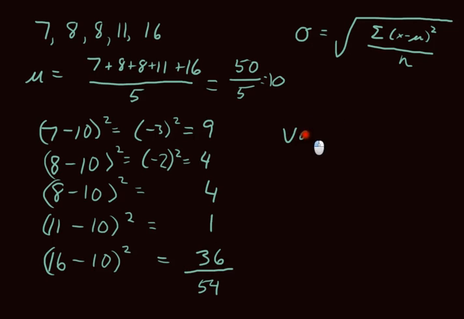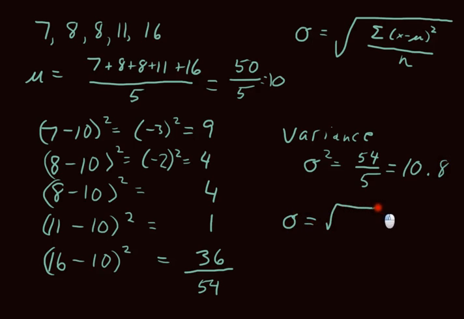So my variance is just that 54 over how many points I had, which was 5. That's 10.8. My standard deviation, I guess I should figure that out, is just the square root of that, which is about 3.3.